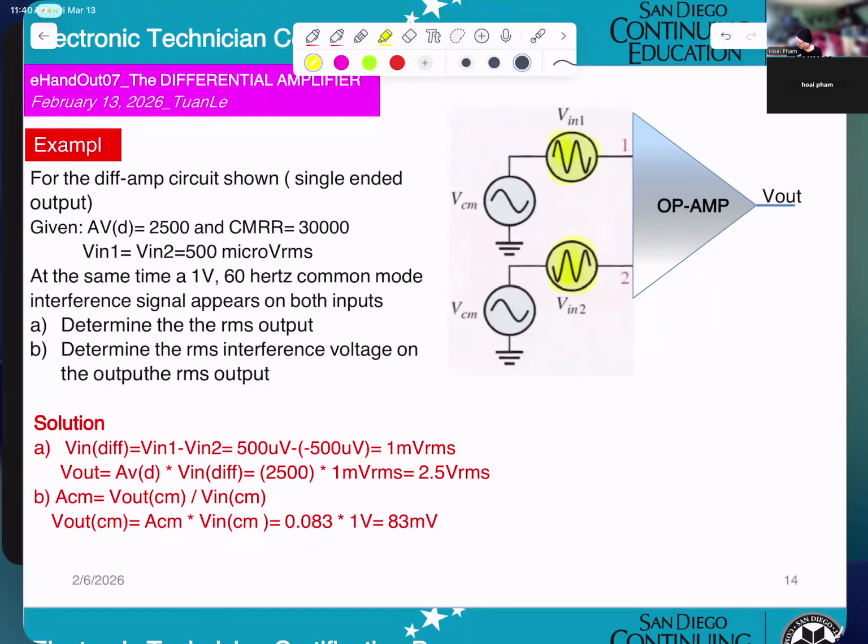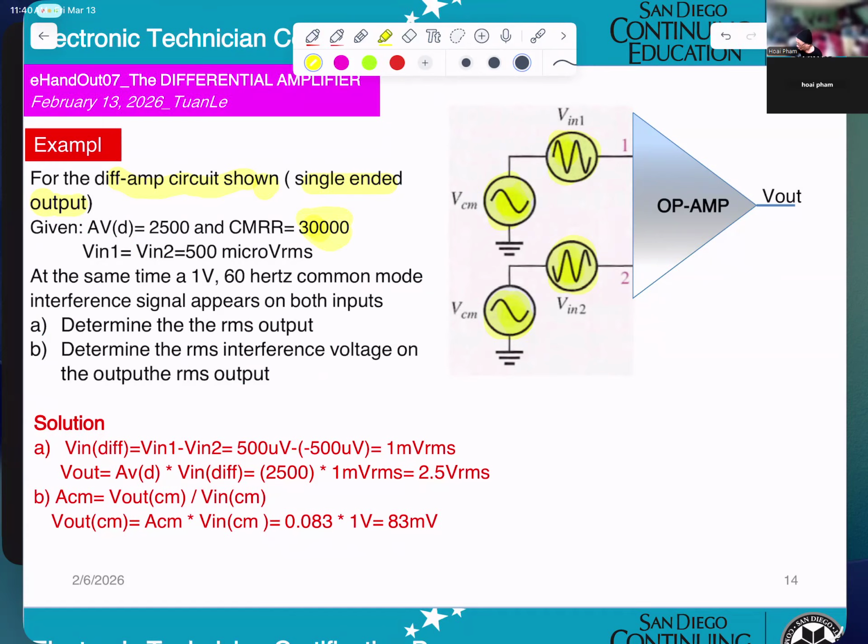Also, on both inputs you get a 1 volt, 60 hertz signal that looks like noise. For the differential amplifier circuit with single-ended output, AVD is 2500 and CMRR is 30,000.